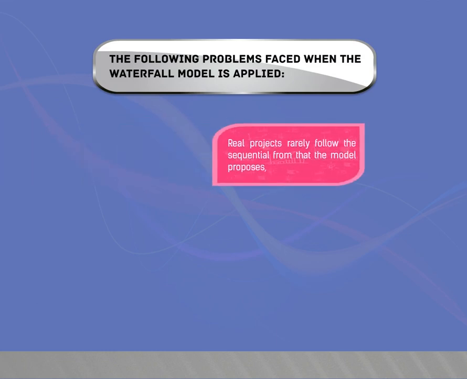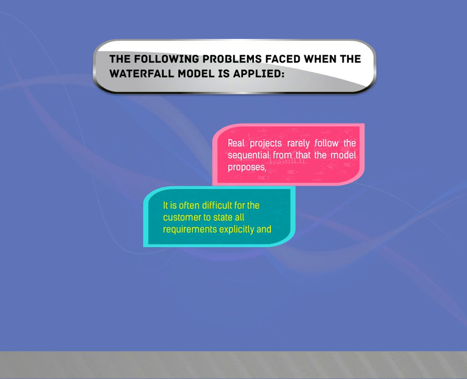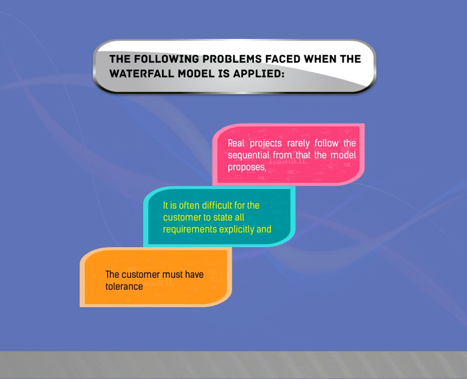The following problems are faced when the waterfall model is applied. Real projects rarely follow the sequential form that the model proposes. It is often difficult for the customer to state all requirements explicitly, and the customer must have tolerance.